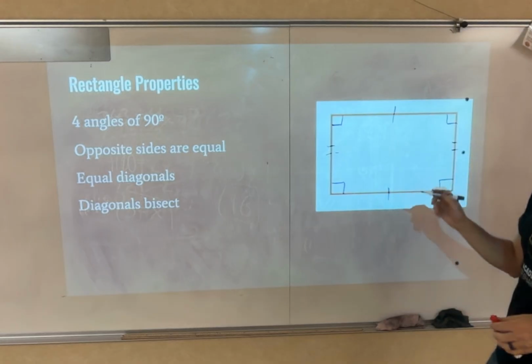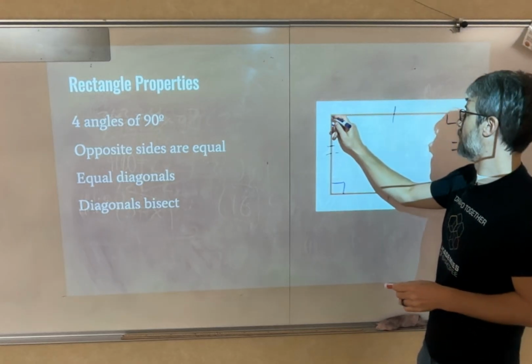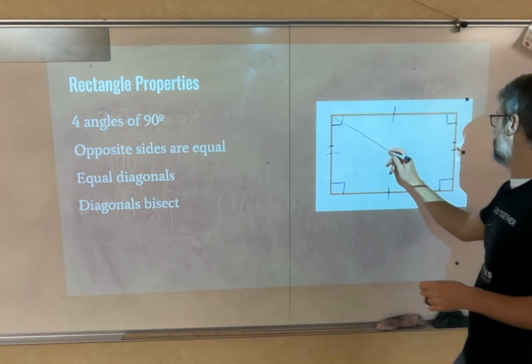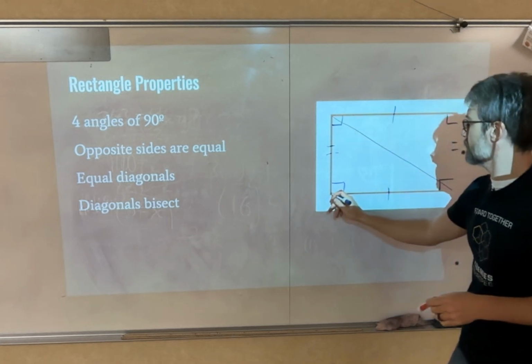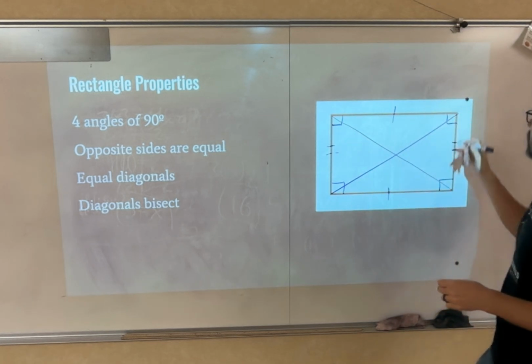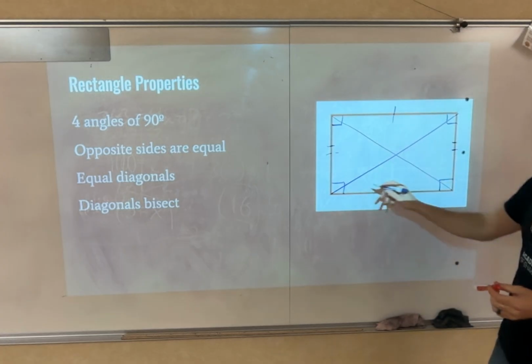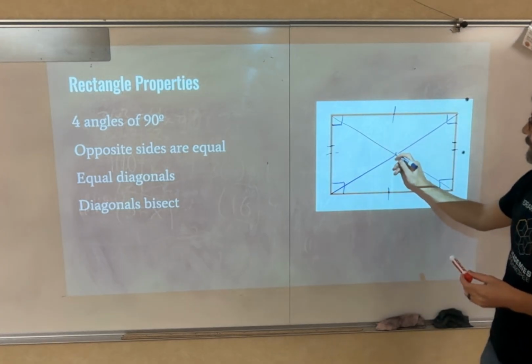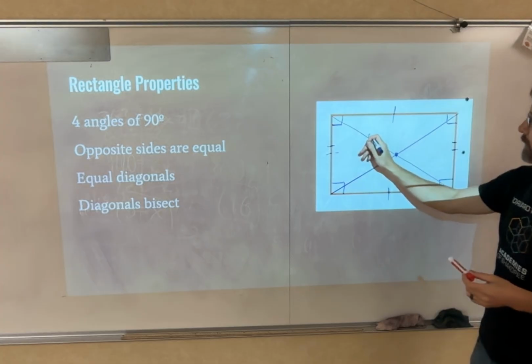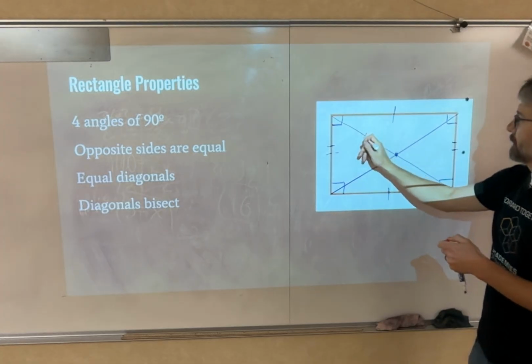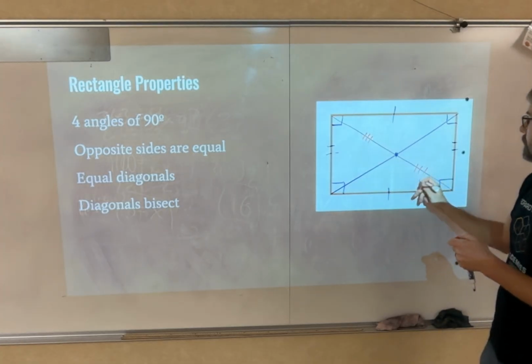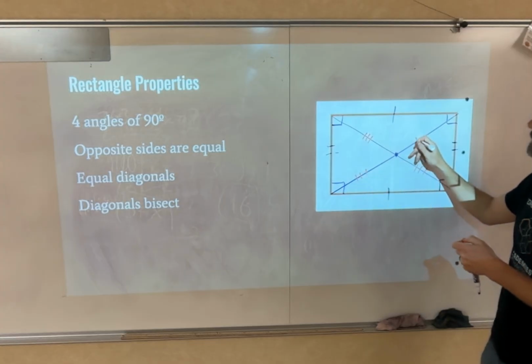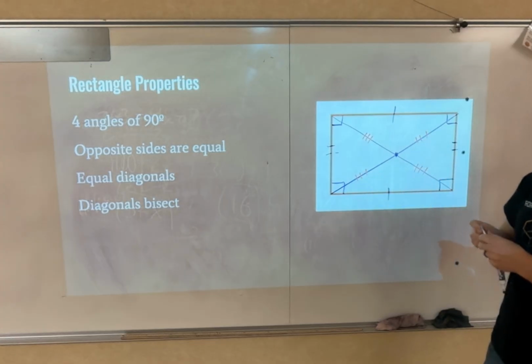And then the diagonals are equal, right? So the diagonals are completely equal to one another, and they also bisect one another. So that means that all four halves of the diagonals are also equal to one another.